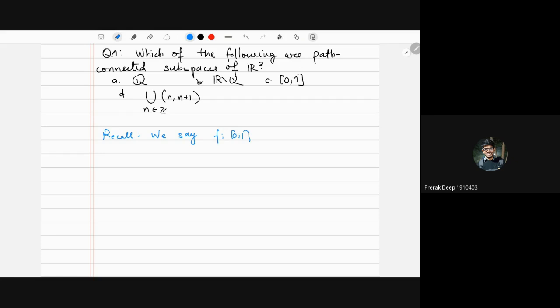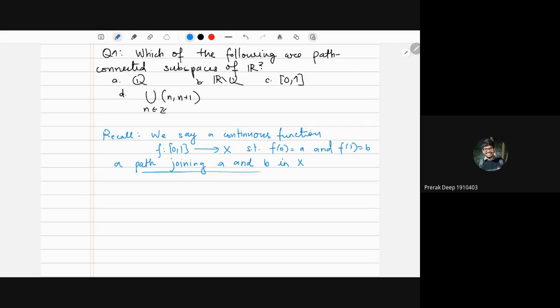We say a continuous function f from [0, 1] to your space X such that f(0) is a and f(1) is b is a path joining a and b in X. So we say a continuous function satisfying this condition is a path joining a and b in X.